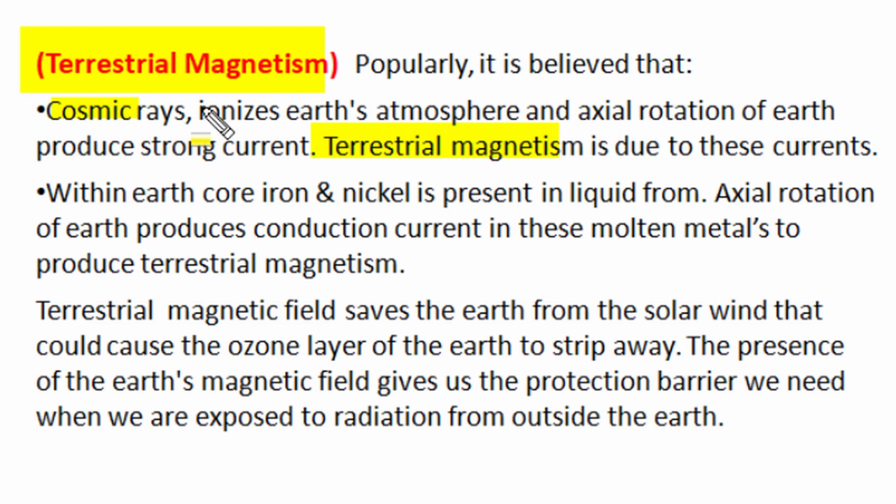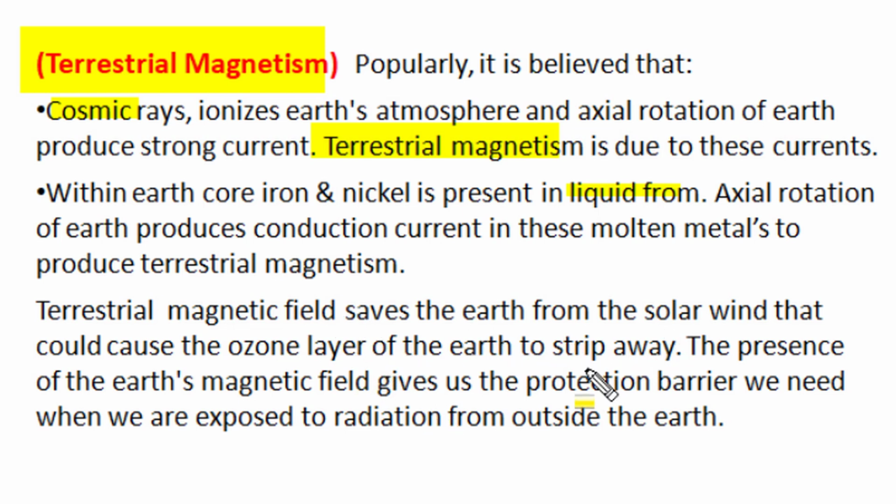Now another hypothesis assumes that within Earth, iron and nickel and their alloys are present in liquid form, and these ferromagnetic materials with axial rotation of Earth produce conduction current in the molten mass, and that current produces the terrestrial magnetic effect.